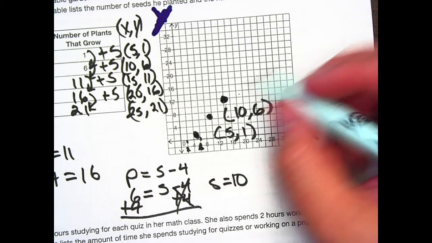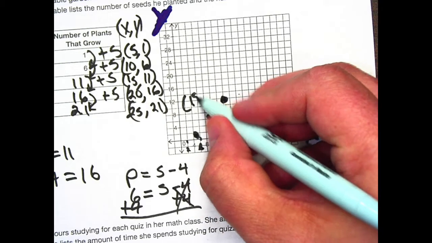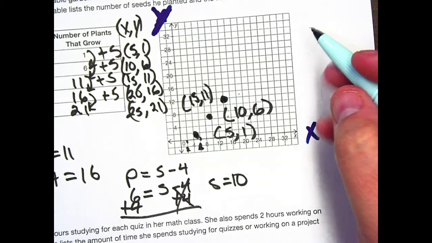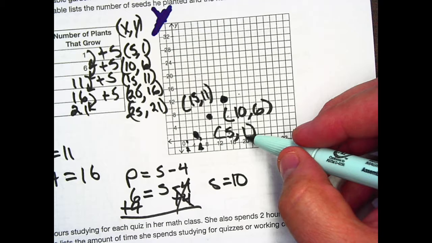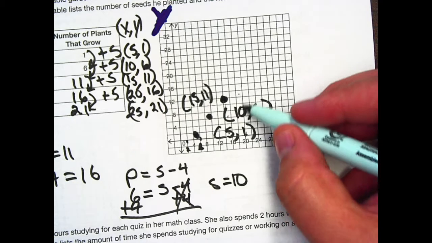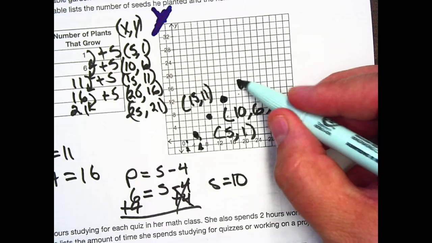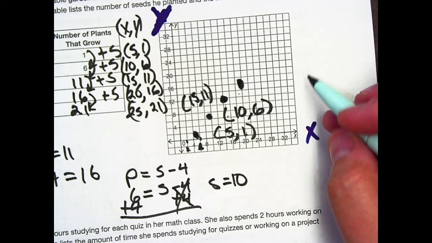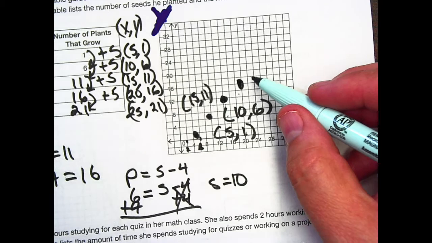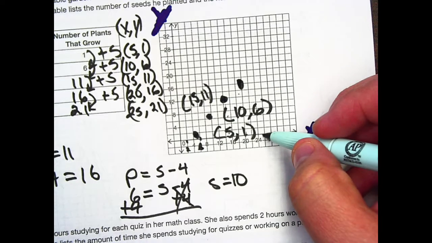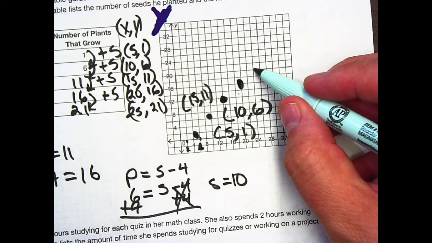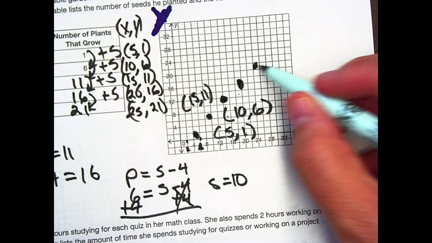So that's 15, 11. Then what's the next number I want to graph? 20, 16, and that'll go right there. Then what's the next number I need? 25, which would be right here, and then 21, which would be about right here.